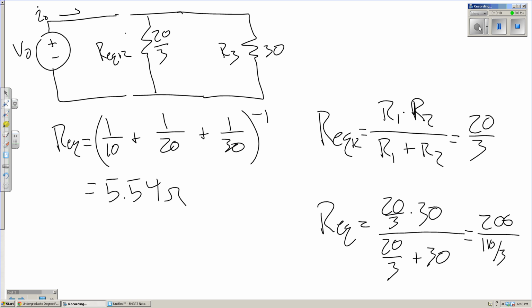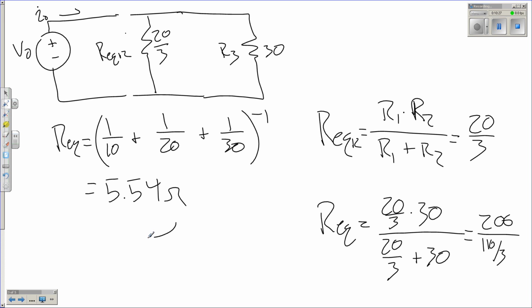Yeah, so again, we have 600 110ths, which is going to be the exact same thing as what we got over here. 5.54. Or, sorry, 5.45. Blame that on my dyslexia. All right, so that's a simple way to combine two resistors in parallel.